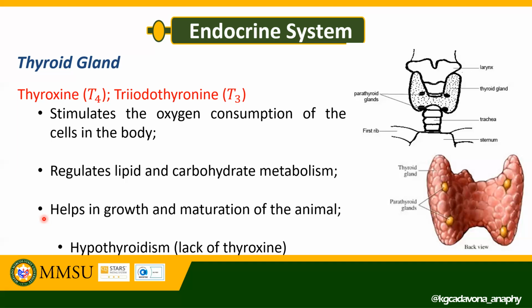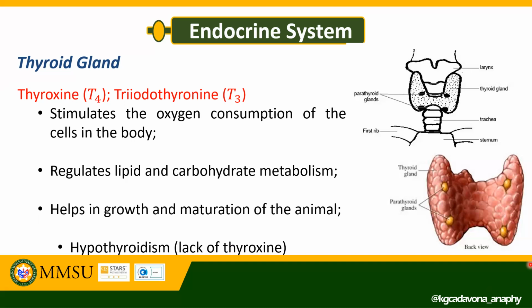Okay, magkakaroon din ng mental and physical slowing and the growth, which results to dwarfism. However, if sobra naman yung secretion ng hormones na to from the thyroid gland, this could lead to body wasting, nervousness, and excess heat production sa katawan ng animal.